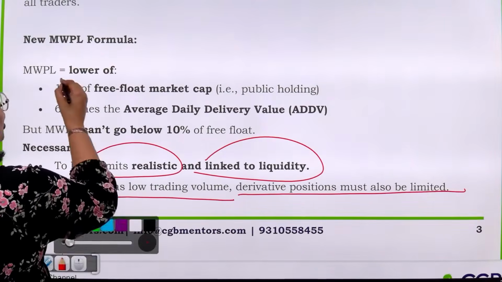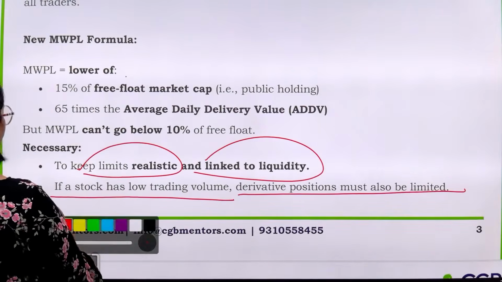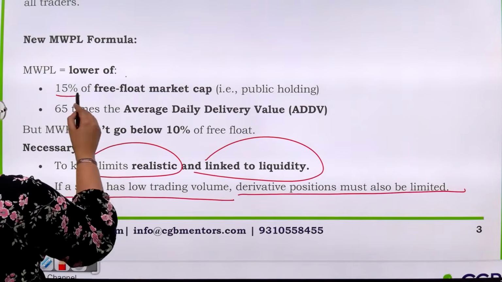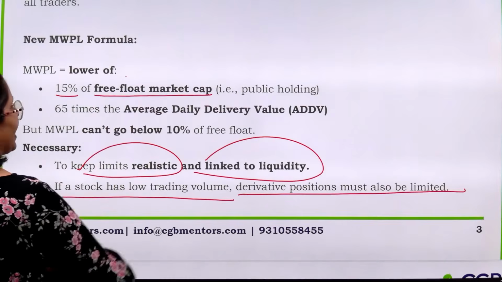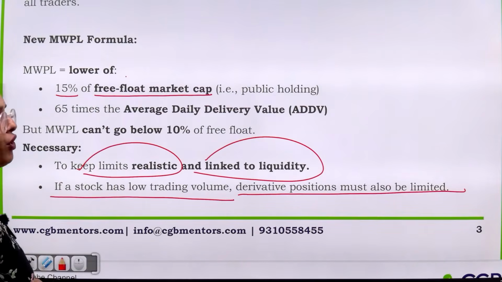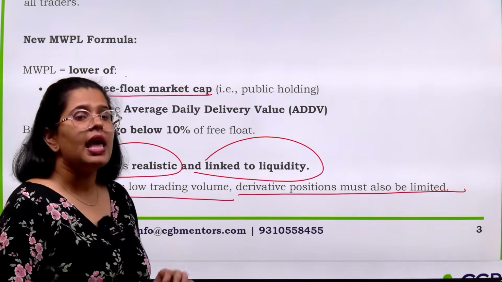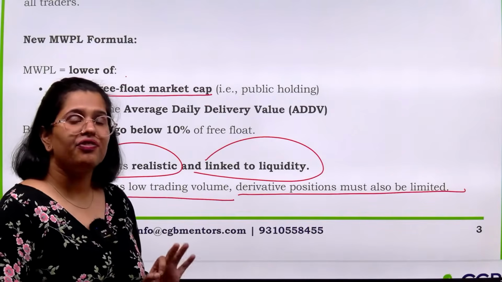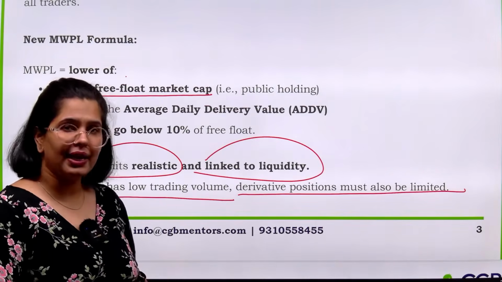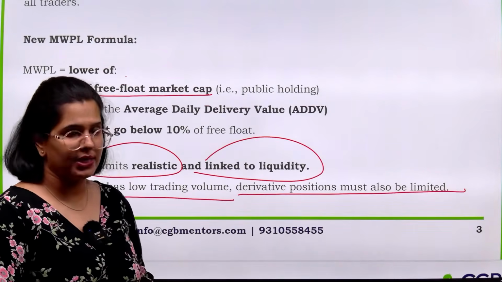They said the lower of these two: 15% of your free float market capitalization. Free float market capitalization means the number of shares that are freely tradable in the market multiplied by the market price, right?